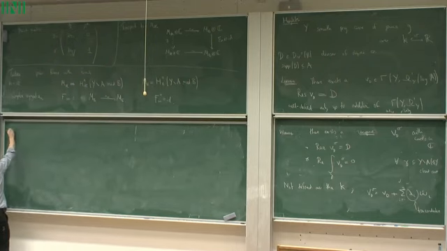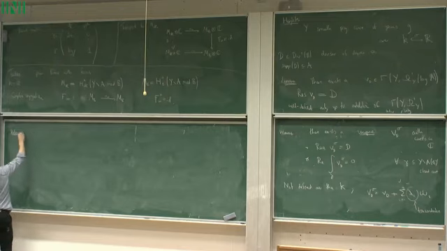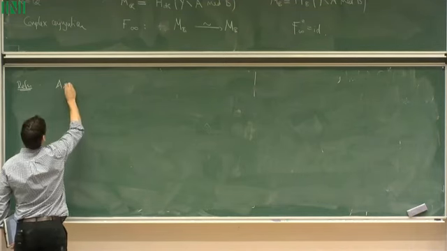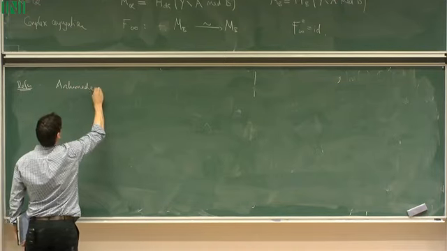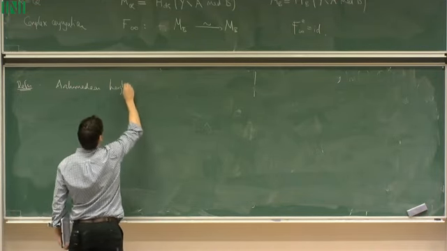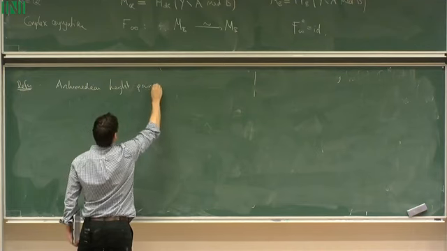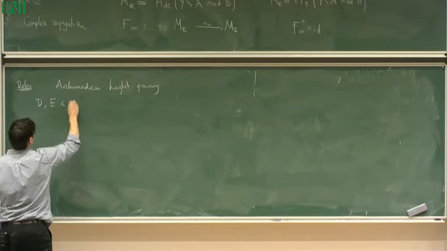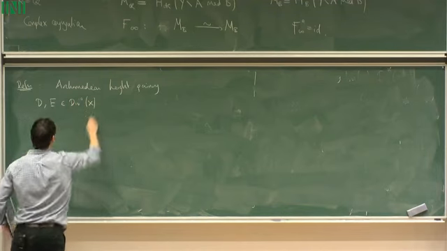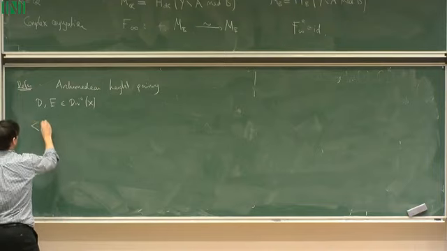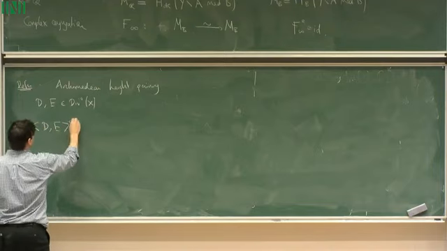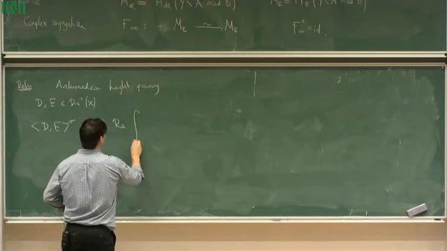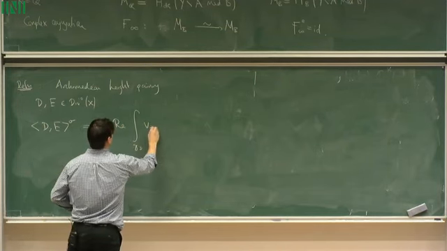So the definition, I started slightly late, so I'm going to give myself a couple of minutes. The Archimedean height pairing: you take two divisors d, e of degree 0, and the definition you usually see in the literature is twice the real part of the integral over gamma_d of nu_e sigma.